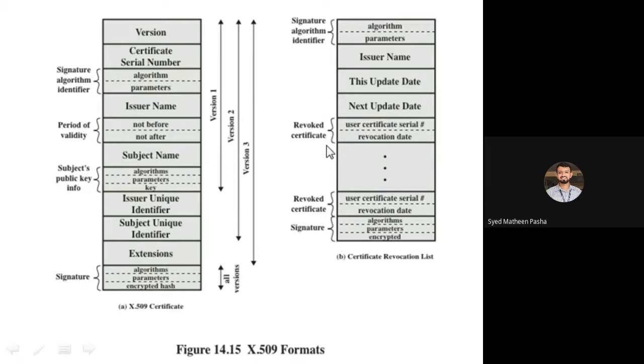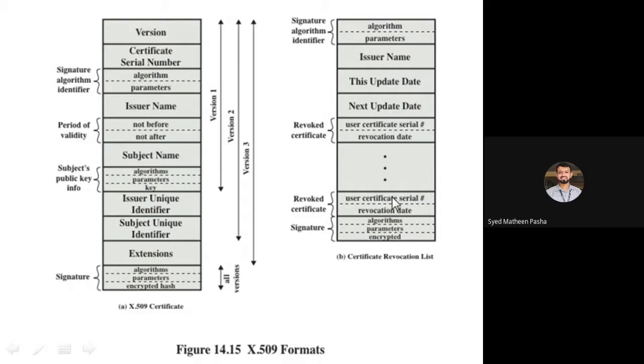What happens if you are specifying the revoked certificate? A revoked certificate is one where the expiry of the certificate is done and I want to renew that certificate. You can use this format, that is, from the update date till the next update date. Finally, this part, the revoked certificate, consists of the user certificate serial number as well as the revocation date.